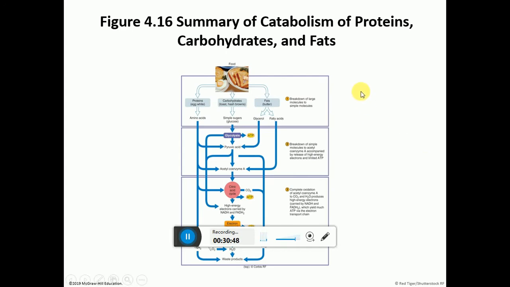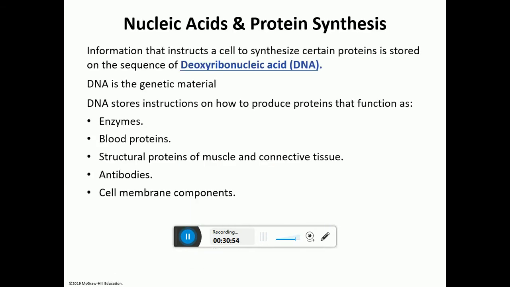This here shows you a summary of the catabolism of proteins, carbs, and fat. All of these reactions cannot just happen on their own. There has to be a manual that explains all of this, that has all of the steps.